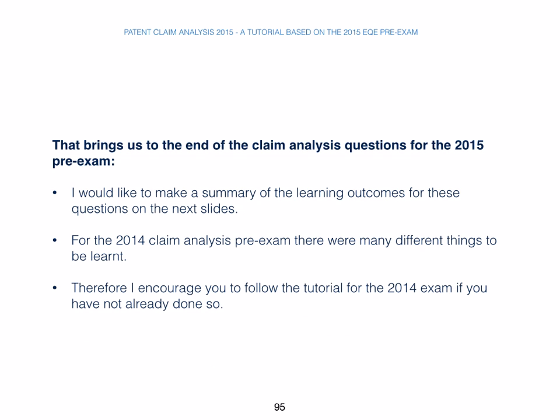I would like, on the next slide, to make a summary of the learning outcomes for these questions. For the 2014 claim analysis pre-exam, there were many different things to be learned. Therefore, I encourage you to follow the tutorial for the 2014 exam if you have not already done so.